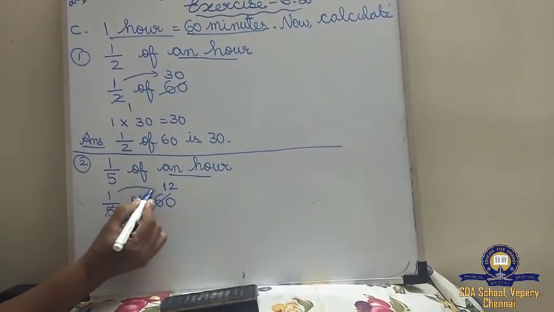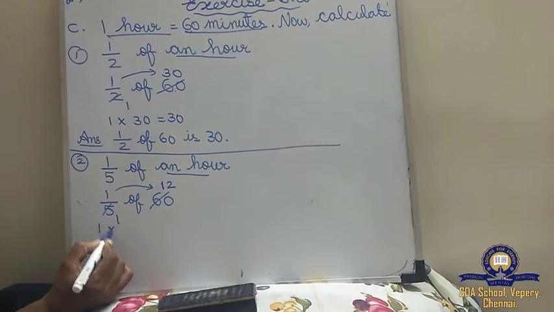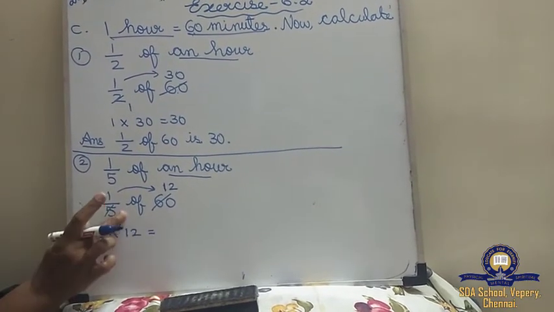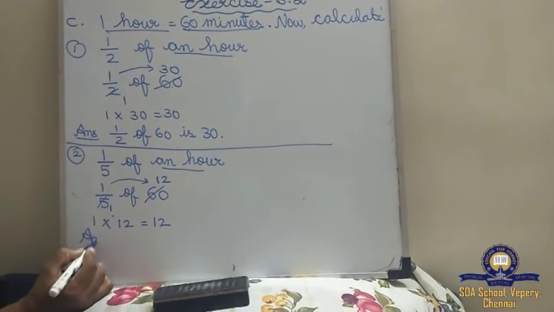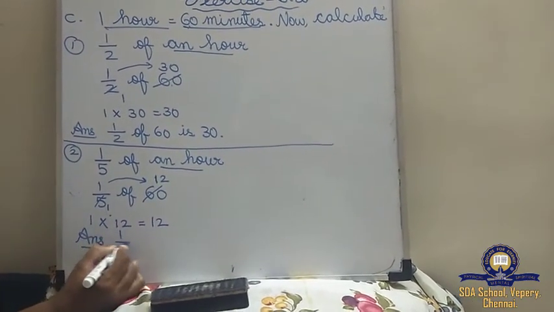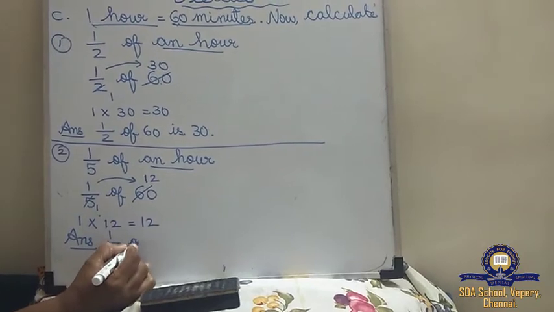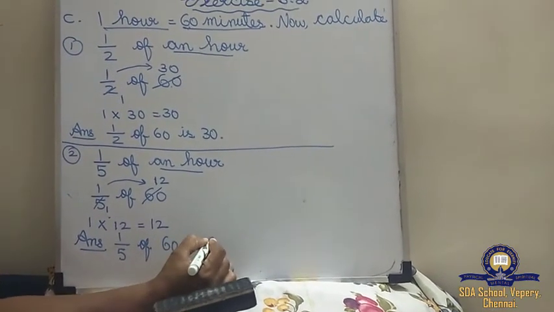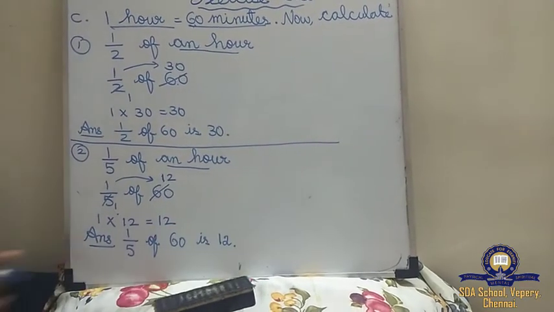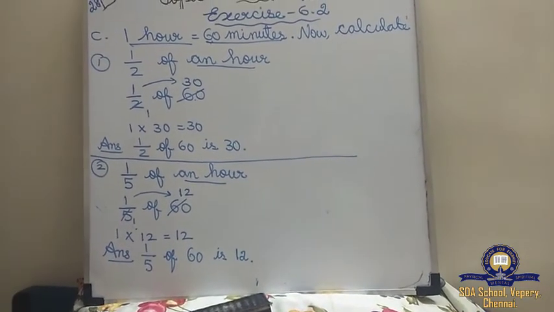So you have to multiply these two. 1 into 12, 1 12 is 12. So what's the answer, children? 1 by 5 of 60 is 12. Okay, children? The same process.